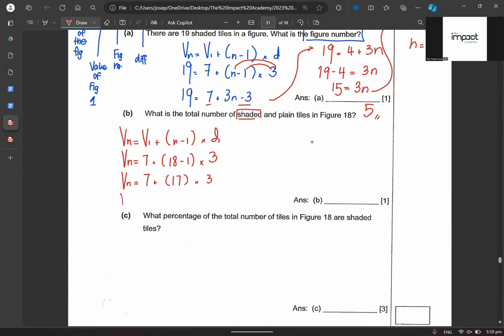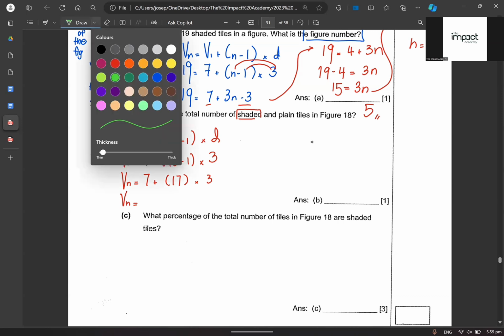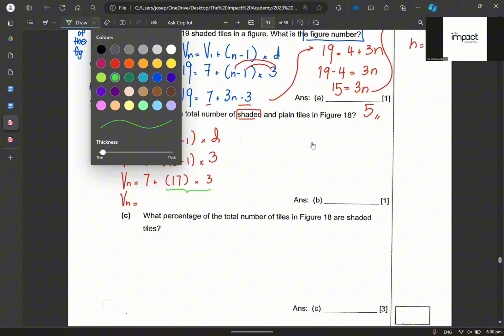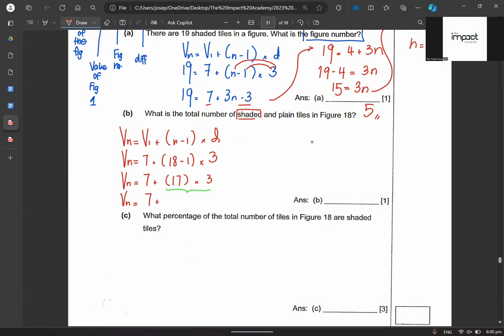Do you agree or disagree? Can we work on 17 times 3 first? So 7 plus, what is 17 times 3? 51.